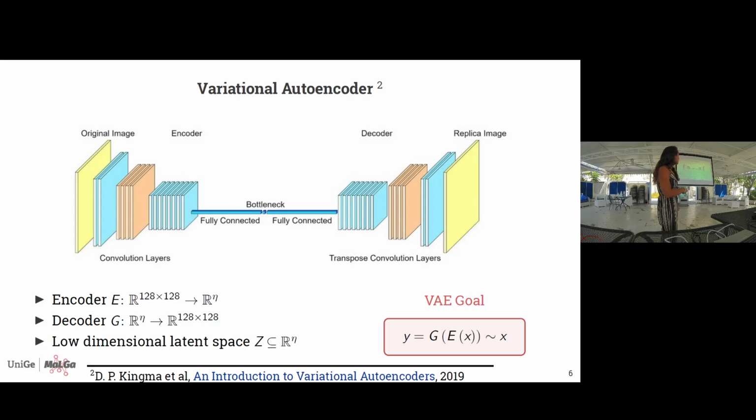So the variational autoencoder goal is that this original image X is as similar as possible to the generator, that is the decoder, of the encoder of the original image X. This G of E of X is the replica image.